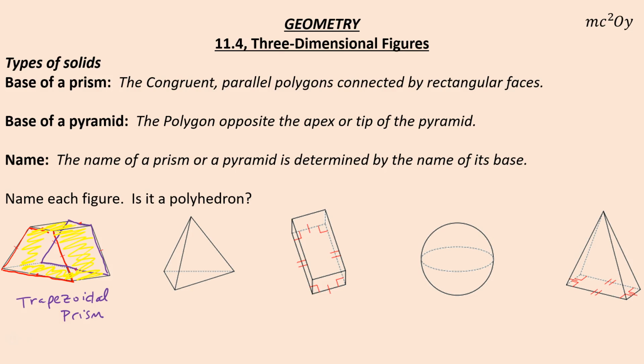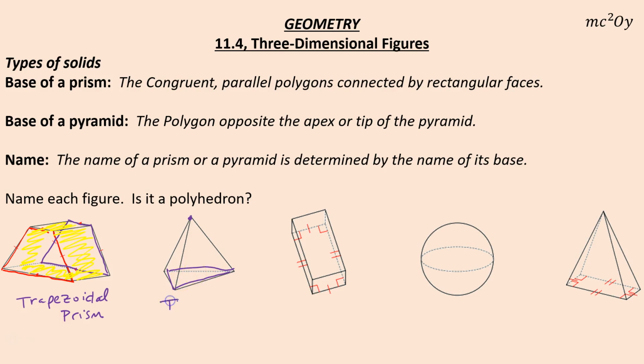The base of a pyramid, like I said before, is the polygon opposite the apex, or the tip of the pyramid. So up here, that could be the base of the pyramid. When it's a triangular pyramid, technically any of those triangles could be your base.